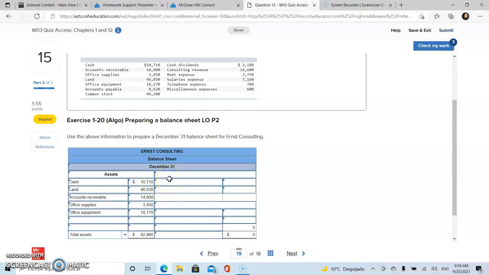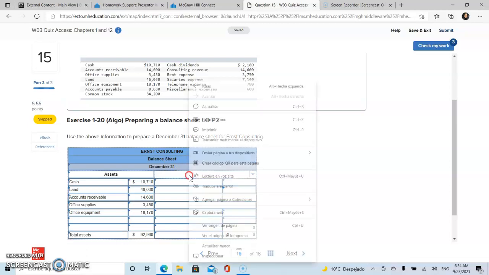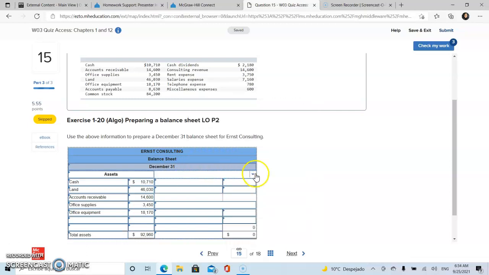Then in the upper right side of the balance sheet, we're gonna put any liability that the company has incurred. In other words, what Earth Consulting owes to its creditors. So we're gonna go ahead here and put liabilities.